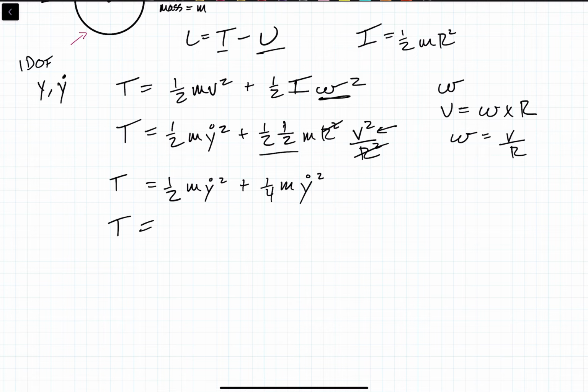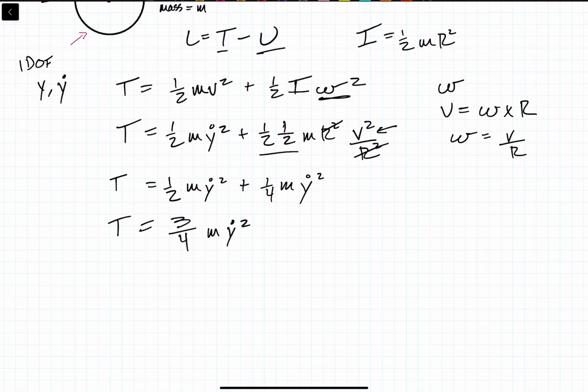T is equal to, both terms have the same variables. 1/2 plus 1/4 is going to be 3/4. So the total kinetic energy of this system is going to be 3/4 m y dot squared. Great, so we figured out T.